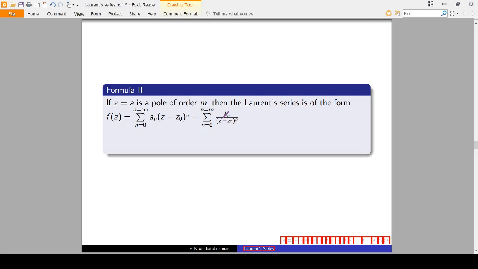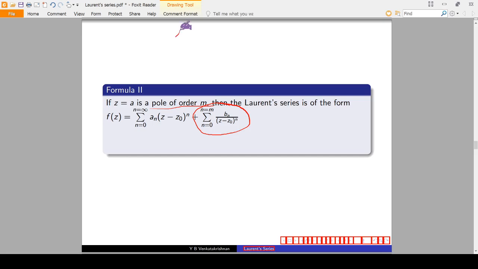Now suppose z is equal to a is a pole of order m. If it is a pole of order m, you can see here this contains a finite number of terms, m plus 1 terms, n is equal to 0 to n is equal to m, bn by z minus z0 whole power n. Now how do you calculate the residue? You require b1, so we have to calculate b1.